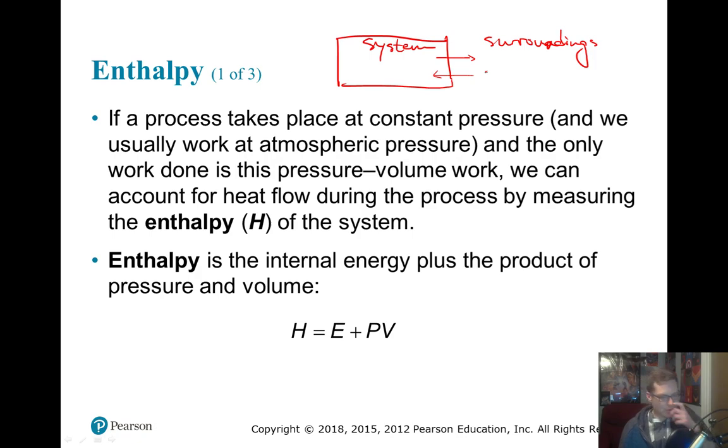All right, so this brings us to a new idea called enthalpy. Enthalpy is a really useful term in chemistry because when we do chemical processes, for the most part, we can assume we're at constant pressure. Most of the time in chemistry, we do a reaction in the laboratory at atmospheric pressure, and over the course of the experiment, the atmospheric pressure is not going to change.